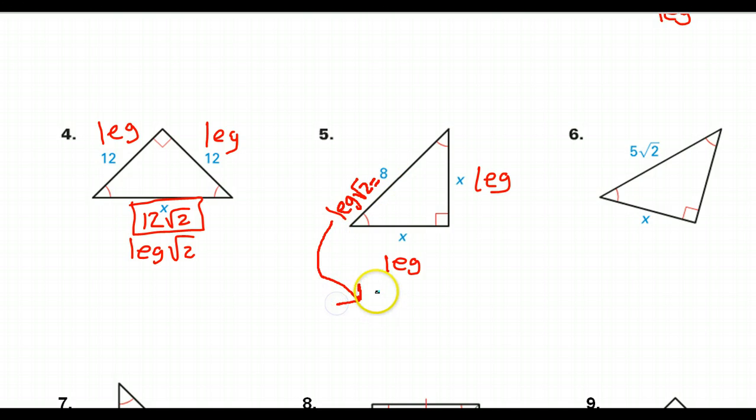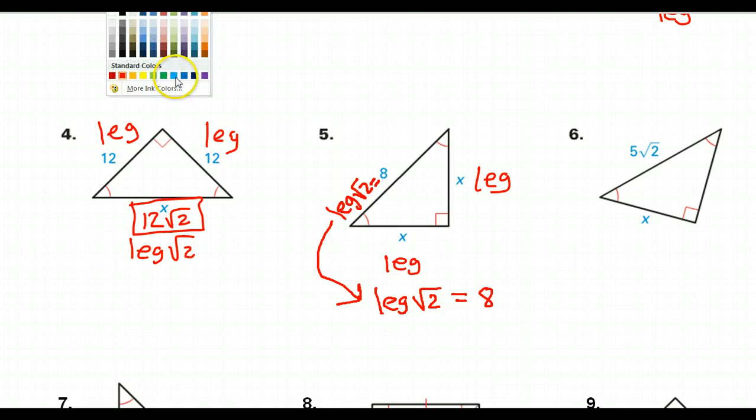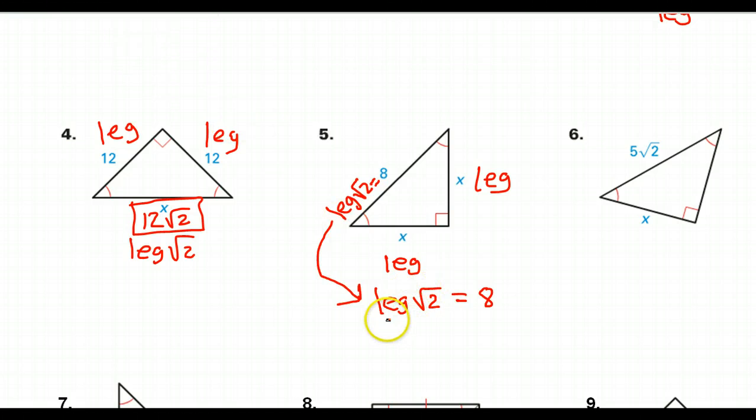Let me bring that down. Leg radical 2 must equal 8. So if I want to solve this for the leg, I'm just going to divide both sides by radical 2. So divide by radical 2, divide by radical 2.